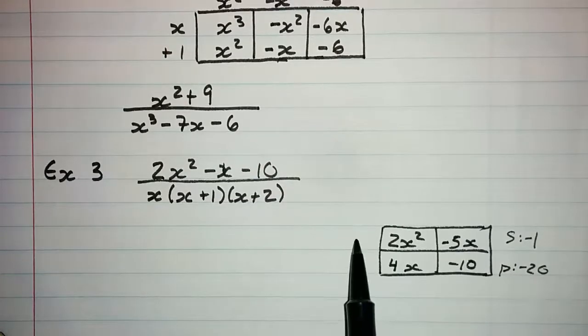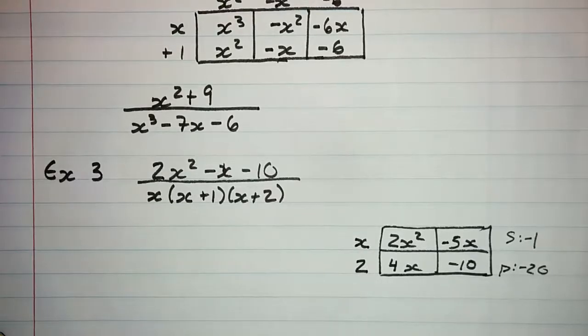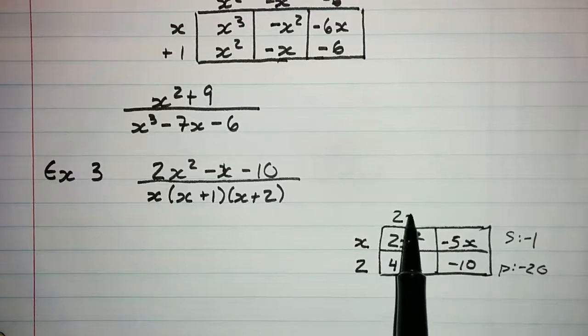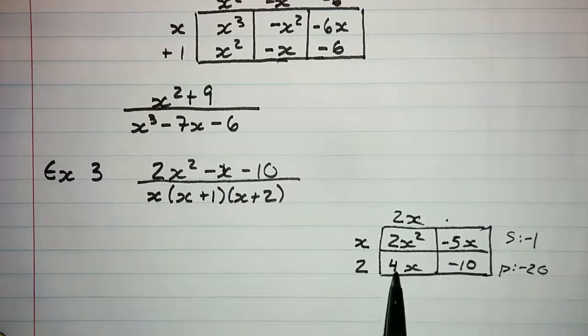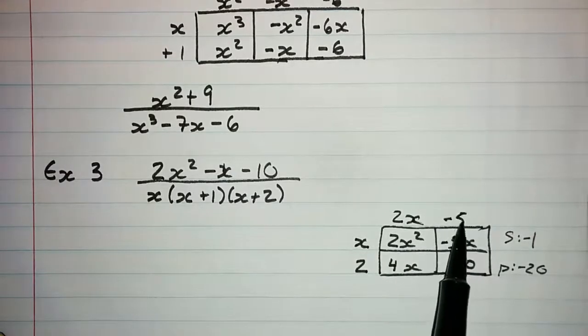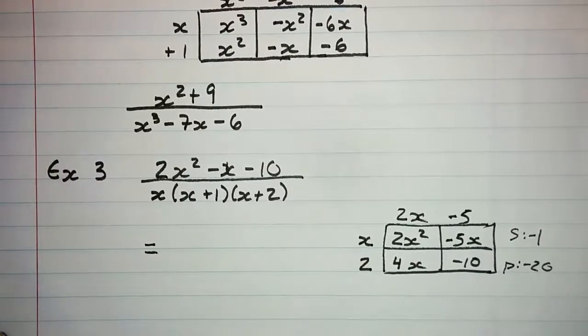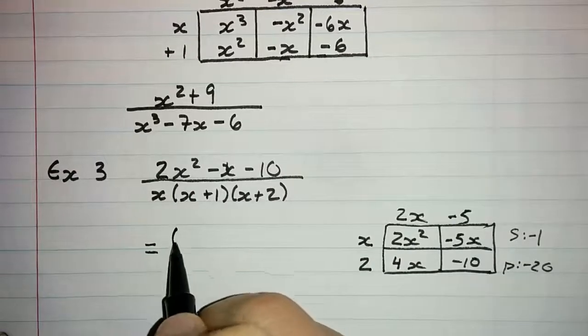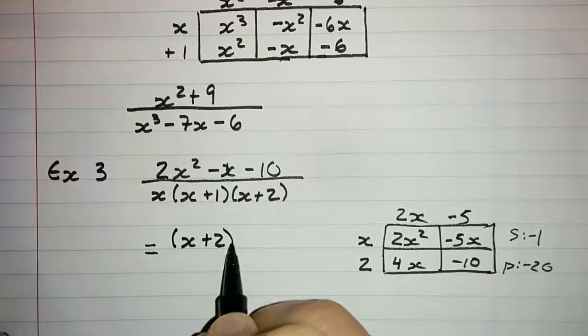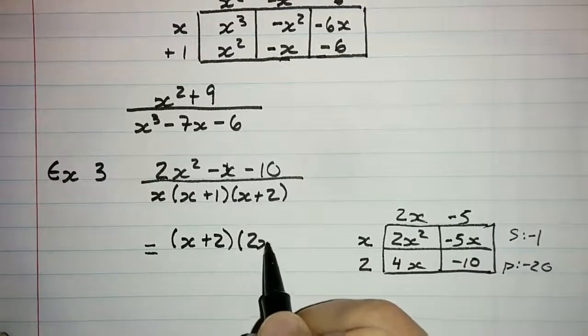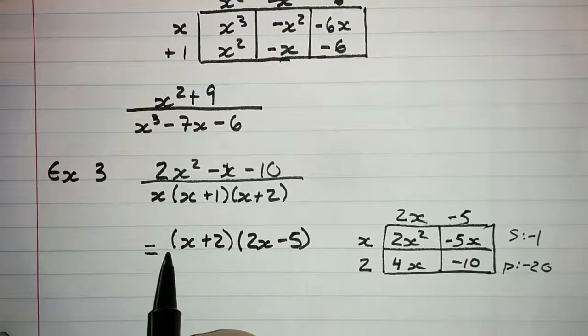In this row, my common factor will be an x, and here it'll be a 2. What's left here? 2x, which works, and a negative 5, which works. So my numerator factors as (x + 2)(2x - 5).